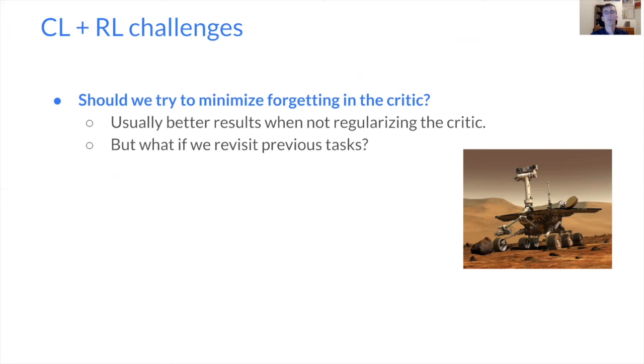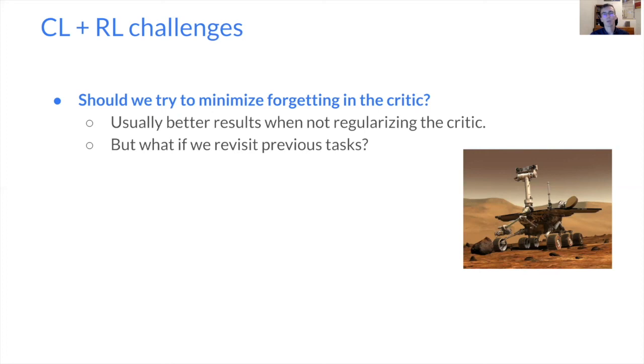We can either regularize both actor and critic with continual learning methods, or we can regularize only the actor. This is because in the final evaluation, only the actor is needed to make decisions. So in principle, we can have a forgetful critic. Empirically, we find that using continual learning methods only on the actor and not on the critic gives better results.